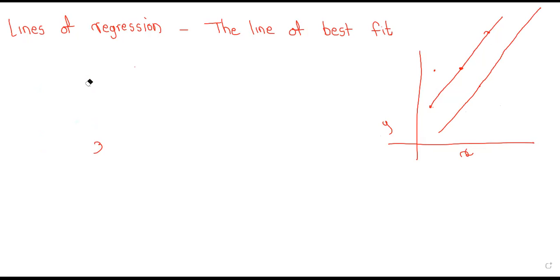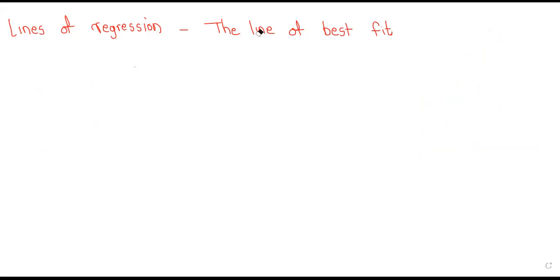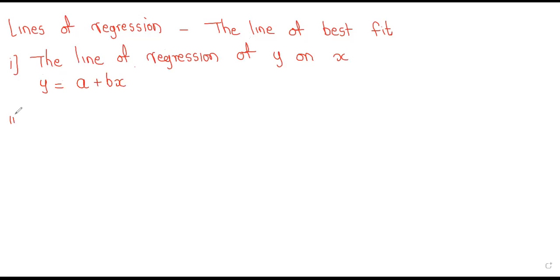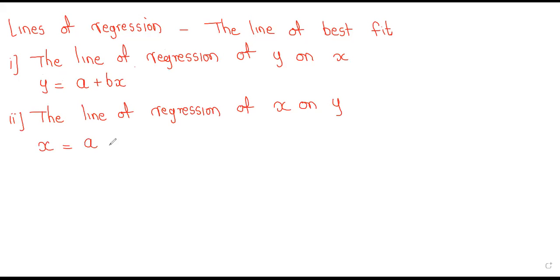Okay, so now we write the line of regression of y on x is denoted by y is equal to a plus bx, and the line of regression of x on y is denoted or given as x is equal to a plus by.